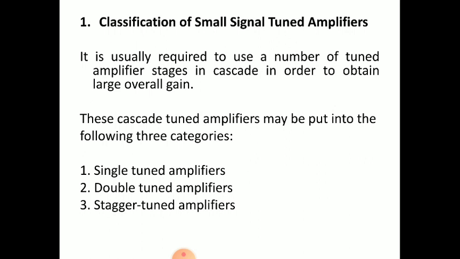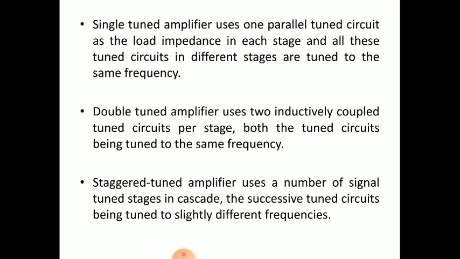These cascade tuned amplifiers may be put into the following three categories: single tuned, double tuned and stagger tuned amplifiers. We will see why these amplifiers are called single tuned, double tuned and stagger tuned in the next slide. Single tuned amplifiers use one parallel tuned circuit as the load impedance in each stage, and all these tuned circuits in different stages are tuned to the same frequency.